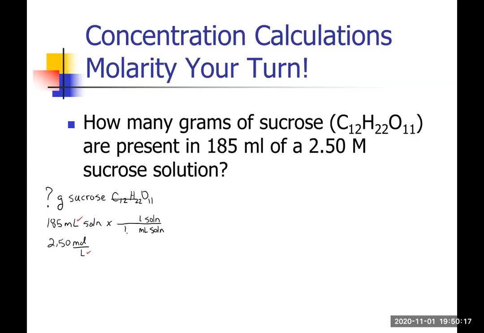I put a 1 by the prefix, and 1 times 10 to the minus 3 is the power of 10 for milli. Now my mils of solution cross cancel, and I can do the math, and I get 0.185 liters.